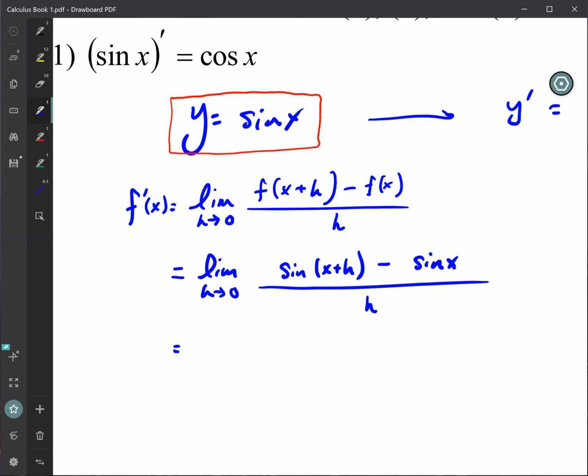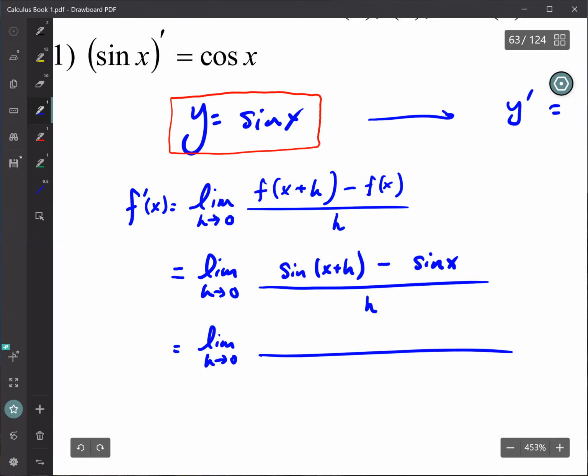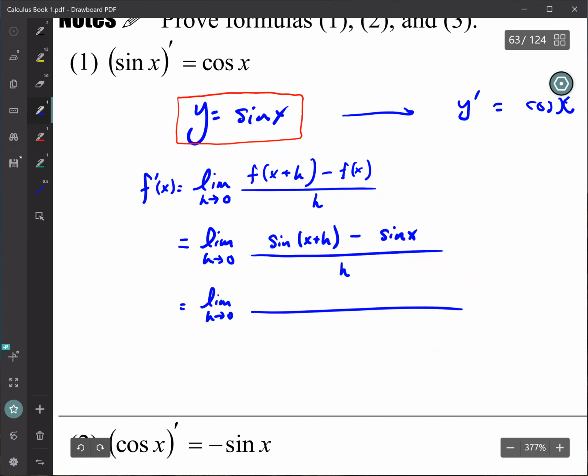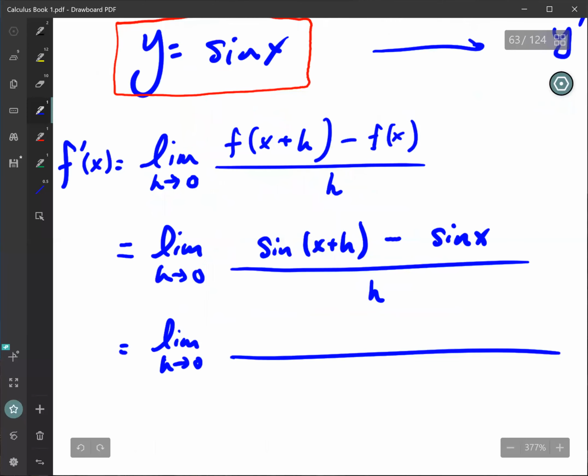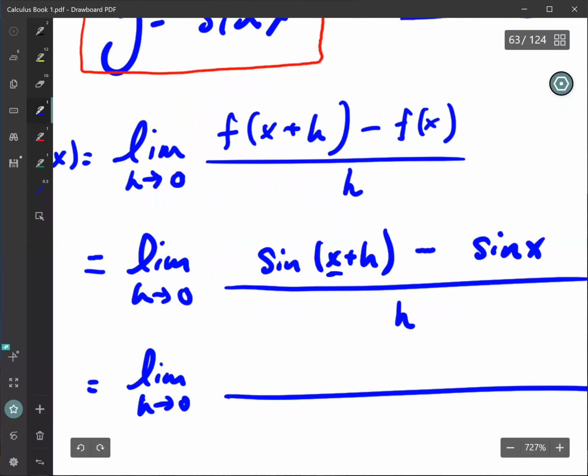Now, what can we do? Anything from grade 12 that you learned that can help us? Sine cosine. You see the two angles?